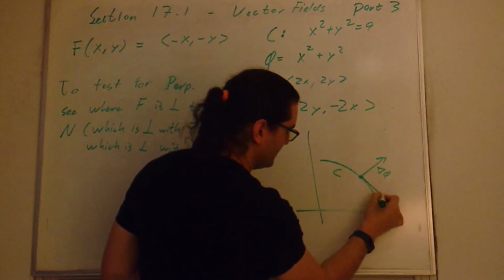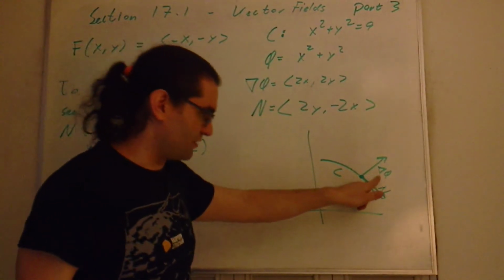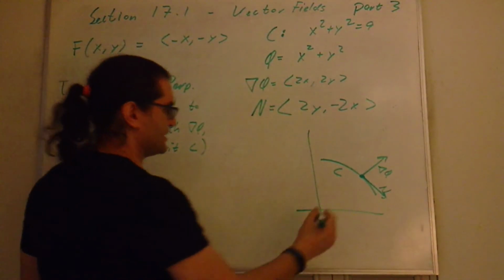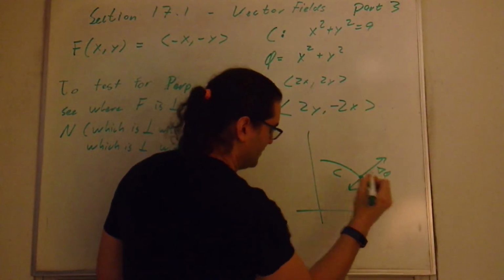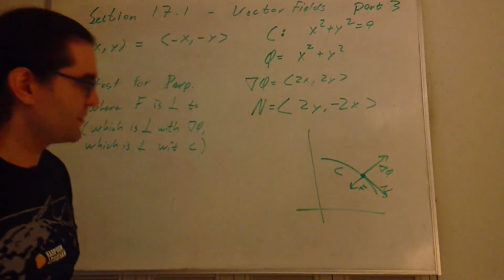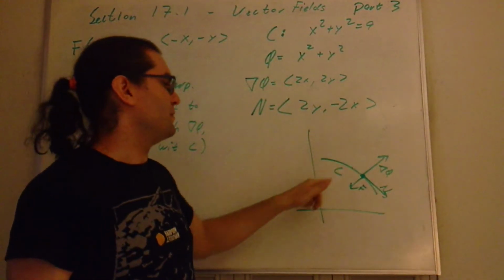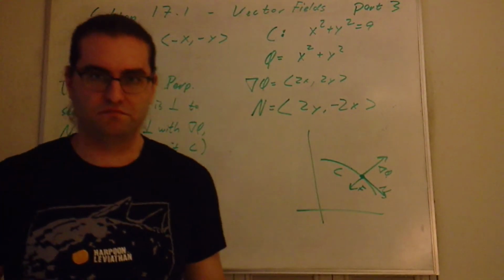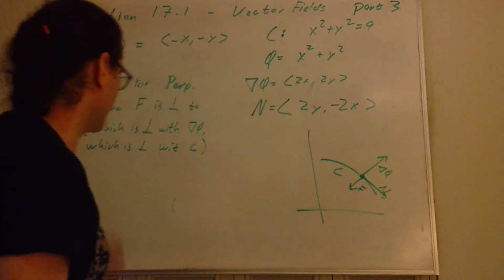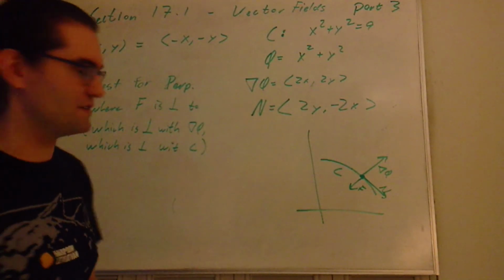N is always perpendicular to the gradient, and we are testing now to see if f is perpendicular to n. If f is perpendicular to n, that means that it's perpendicular to C. That's the goal here. Perpendicular to the perpendicular to the perpendicular. It's a lot of perpendiculars, but it's the easiest way to do this, trust me.